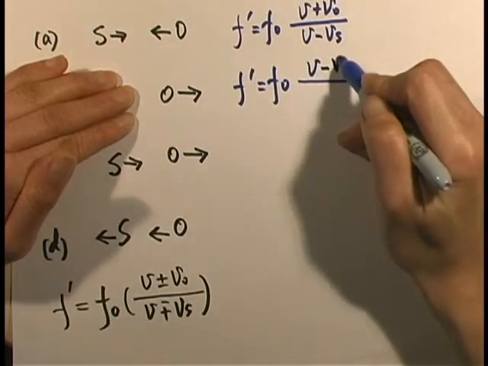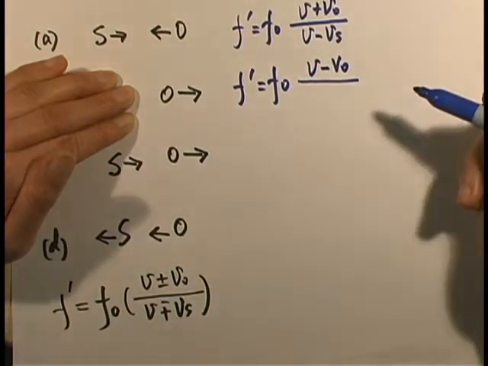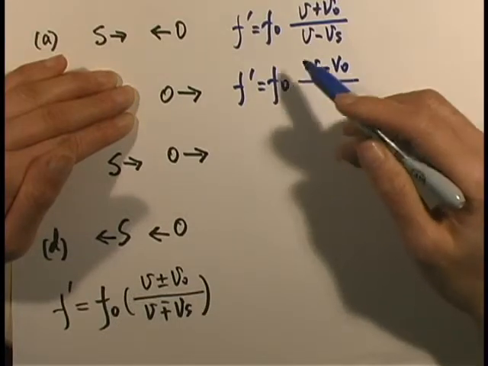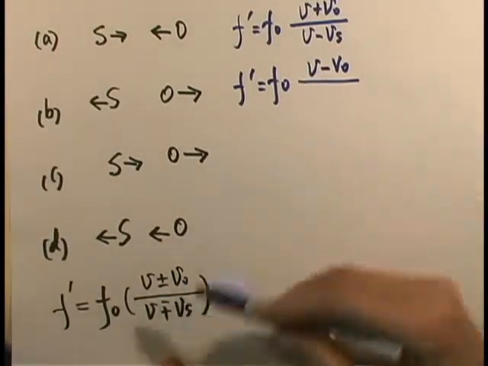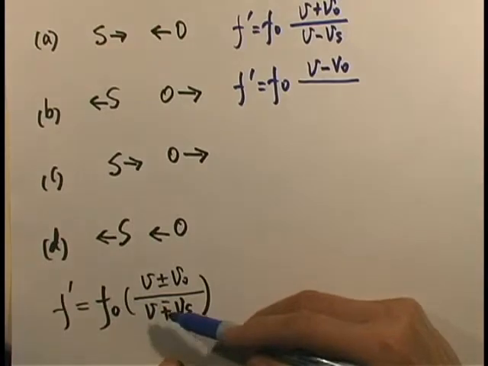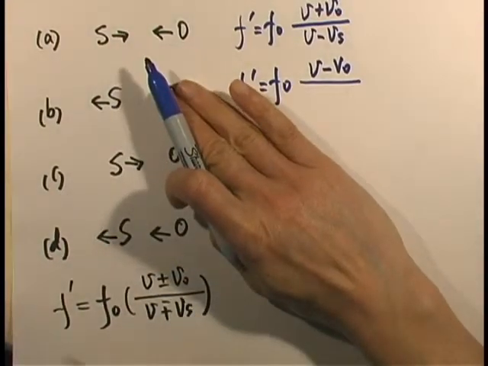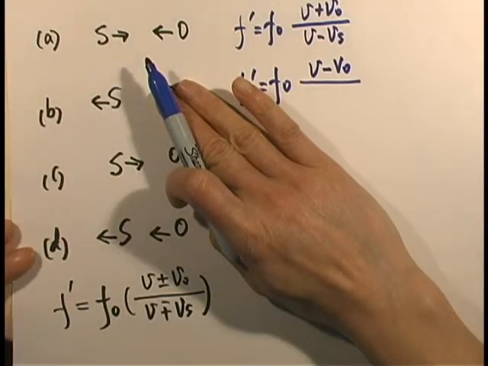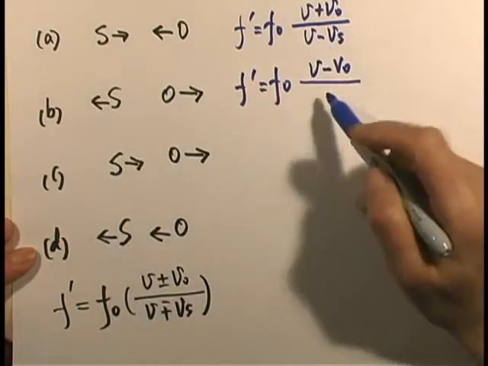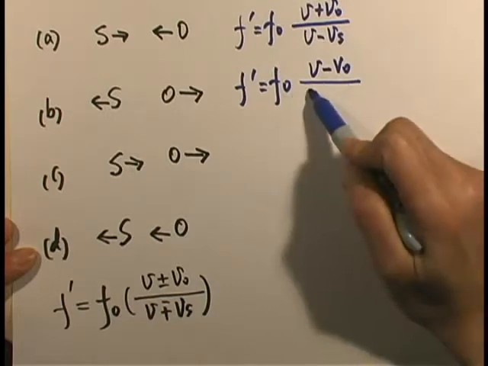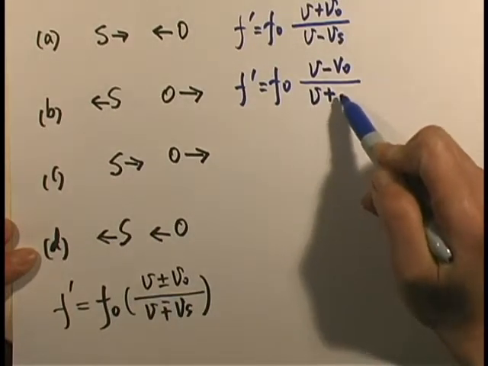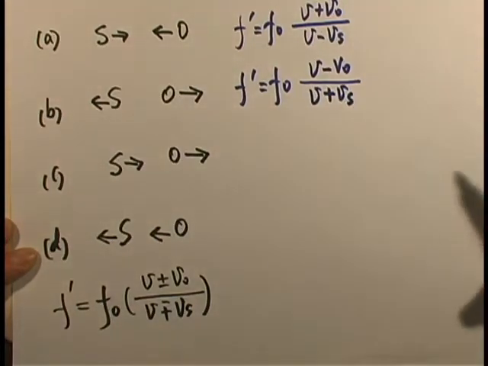Lower frequency means you choose minus for the numerator. Okay, when we consider the denominator, that is about the source. So we assume the observer does not move, the source is moving away, so we receive a lower frequency. For the denominator, lower frequency, you must choose plus. That is that.